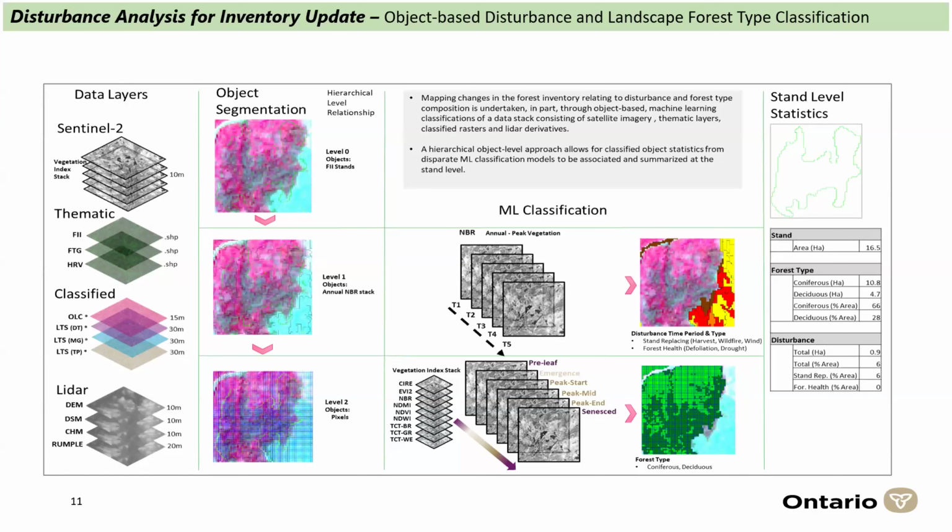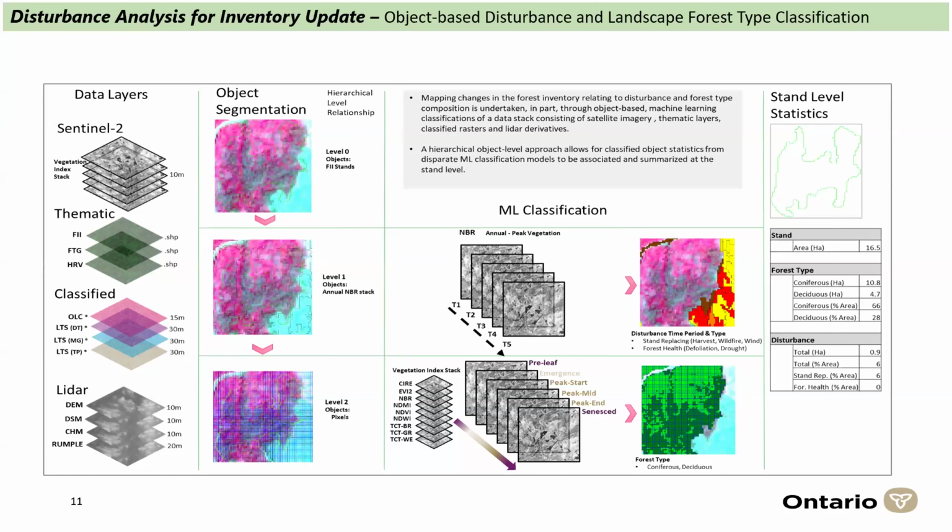And it's all managed within a hierarchical object segmentation level process, where we are nesting these levels, from the stand objects at the coarsest level, down through objects that are generated to differentiate disturbances, down to the pixel level for composition analysis. Because they are stacked in this way, the attributes and statistics from each of these object levels are inherited.